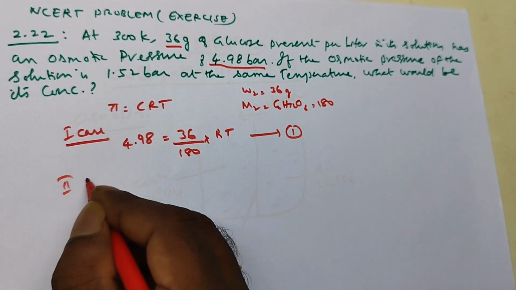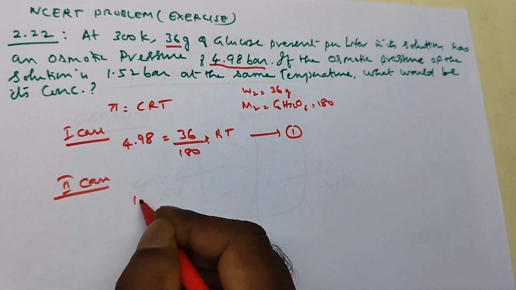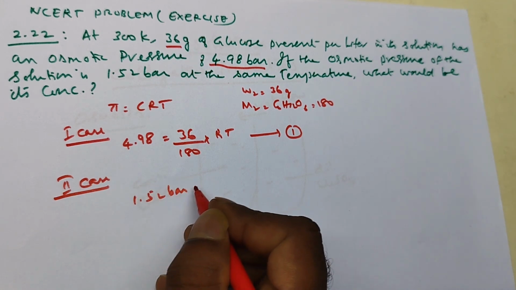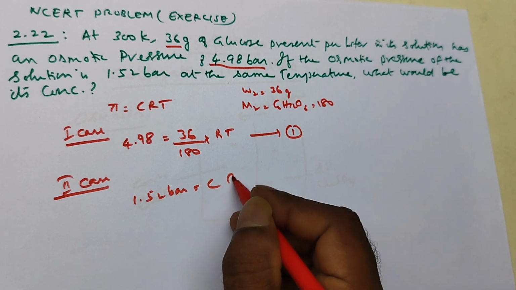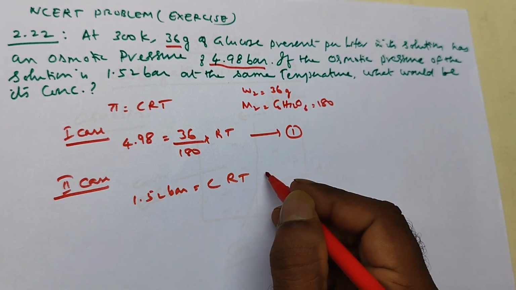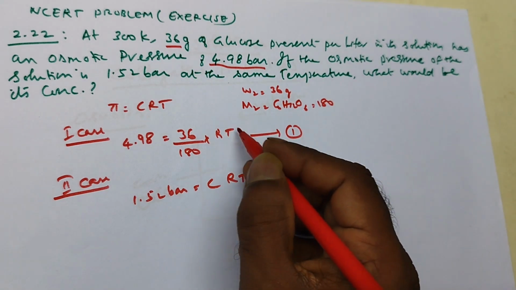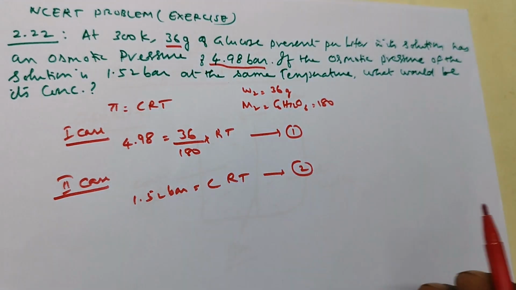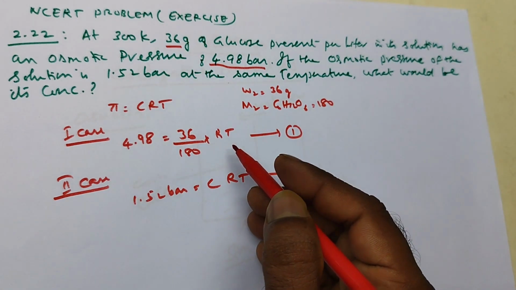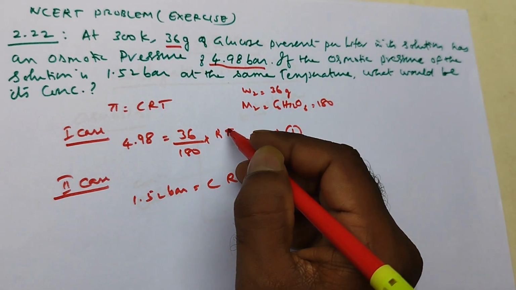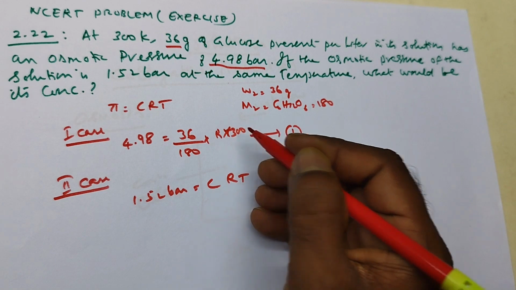Similarly for the second case, 1.52 bar is equal to CRT. This is the second case. In this case, temperature is also given as 300 Kelvin straight away. You have to use that value, 300, here also.